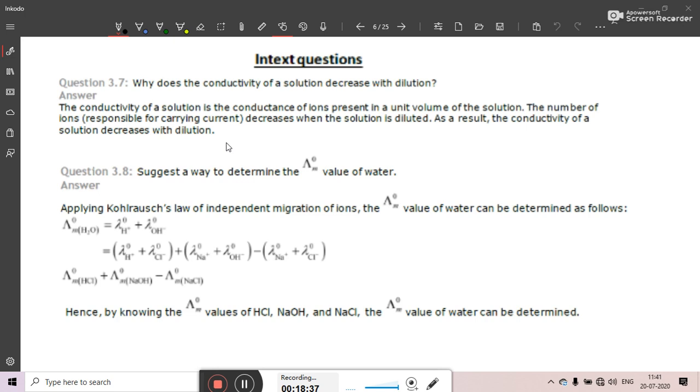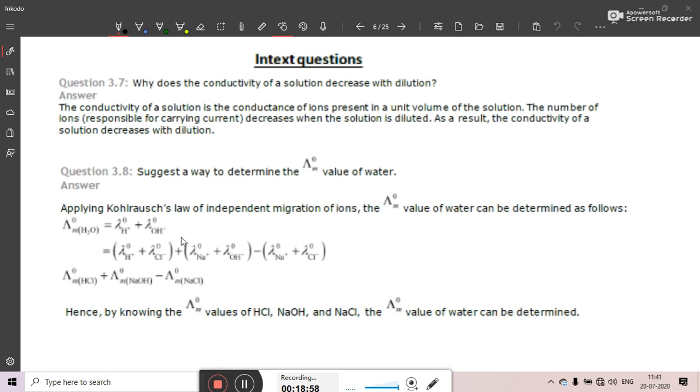Now, in-text question 3.8 is, suggest a way to determine lambda m naught value of water. So applying Kohlrausch law of independent migration of ions, the lambda m naught value of water can be determined as follows. Lambda m naught of water equal to lambda naught of H+ plus lambda naught of OH-.